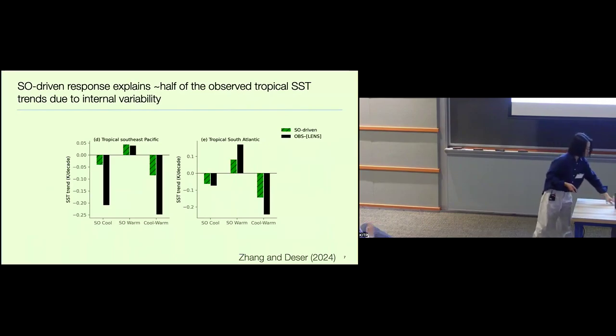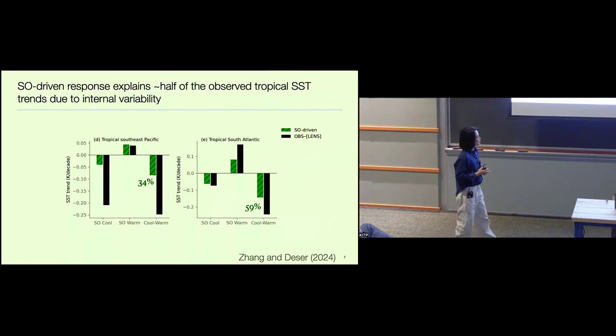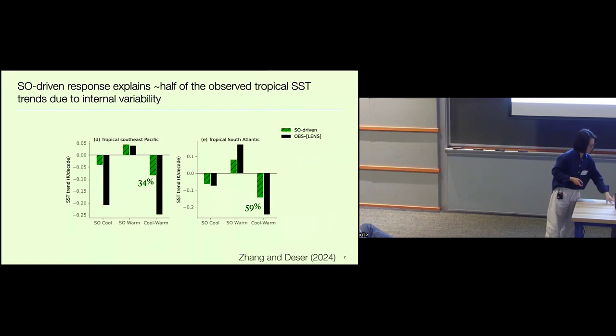If we compare the green with the black, that's showing the contribution from the Southern Ocean driven response, and we get roughly a third for the Pacific and more than half in the tropical South Atlantic. So if we want to put some numbers on the impact of observed Southern Ocean cooling, this is the result that we get.